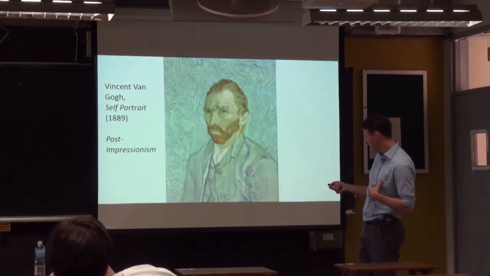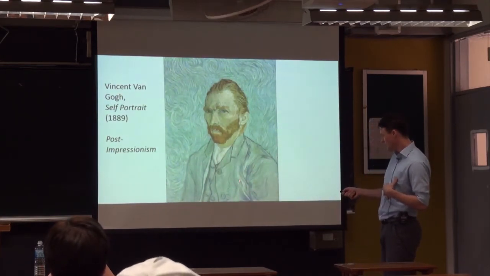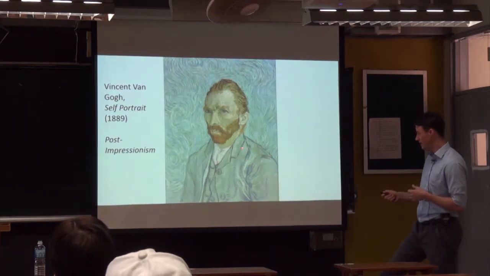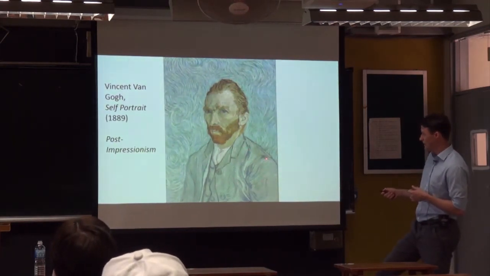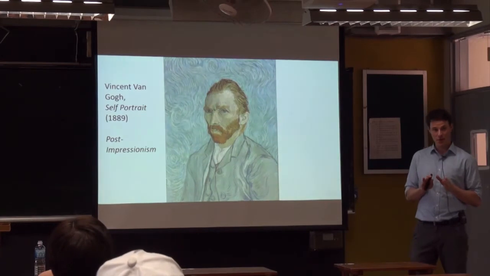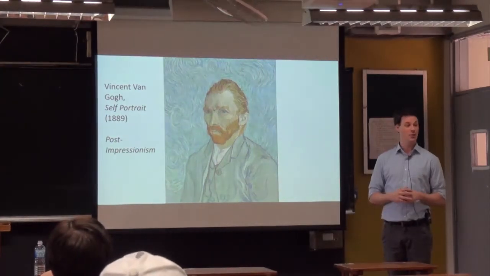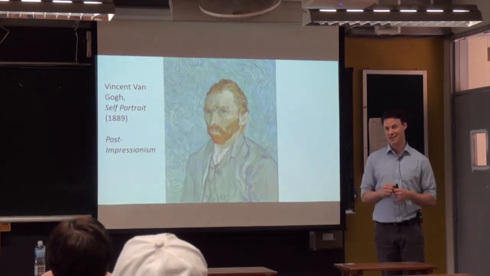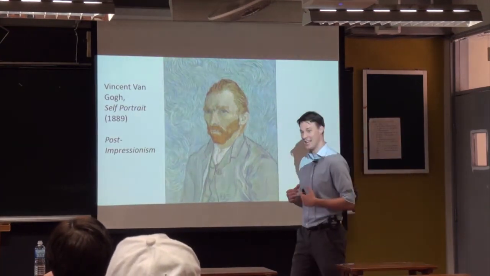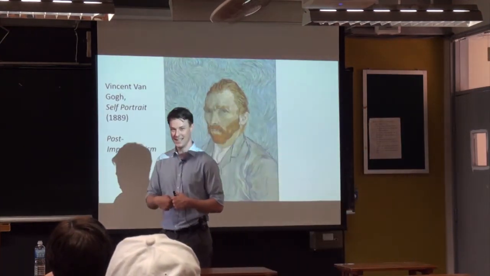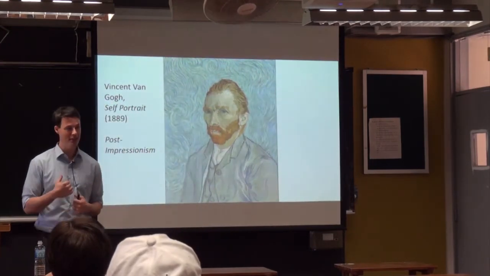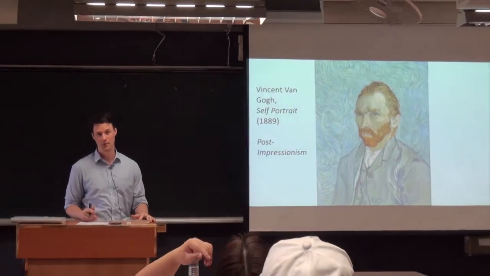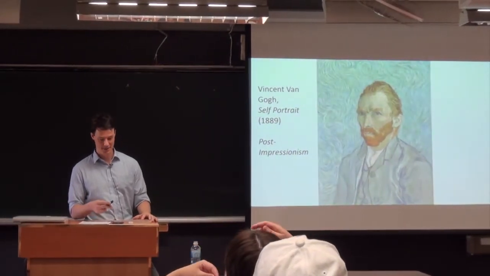You see the swirls of his coat jacket, right? So even though he looks very calm, the way that this is painted suggests that inside he's full of energy, turmoil, right? Powerful emotions. Okay.